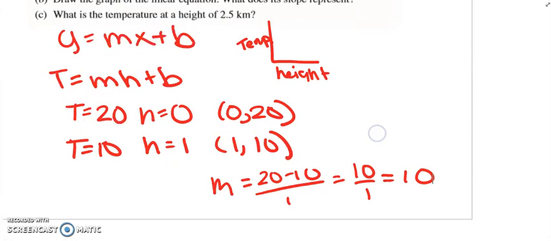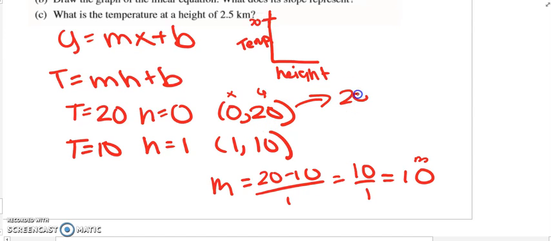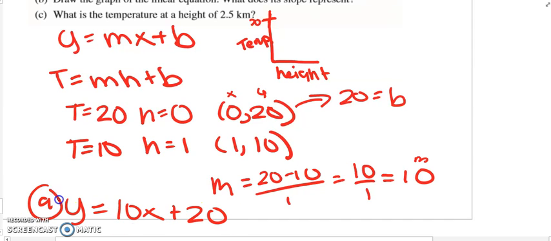You could always plug in a point, x and y and m, and solve for b. But the thing is, (0, 20) is somewhere up here at 20. It is your y-intercept, so you know that b is 20. So y equals mx plus b, that's part A.